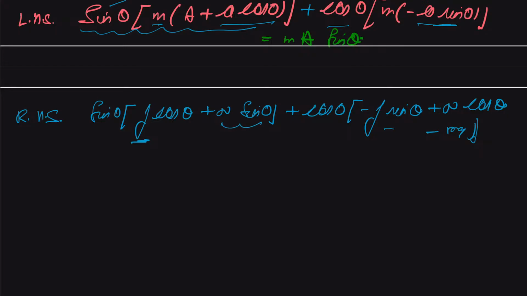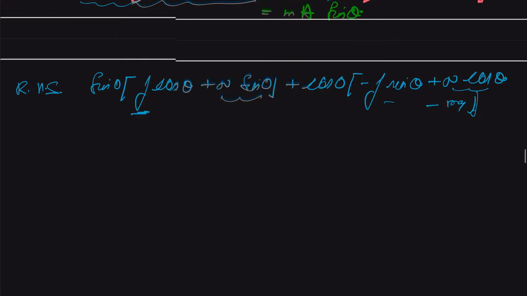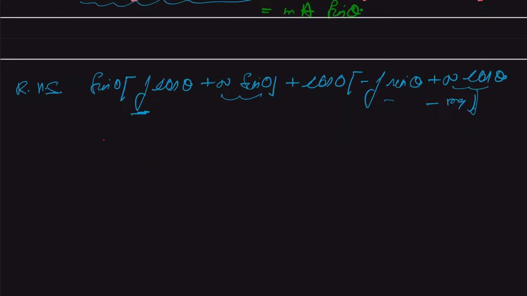So we are going to get n sine square and this will be n cos square, giving us only our n. Therefore we can write that this will be giving us our n, and we are left with this minus mg cos of theta. Okay.